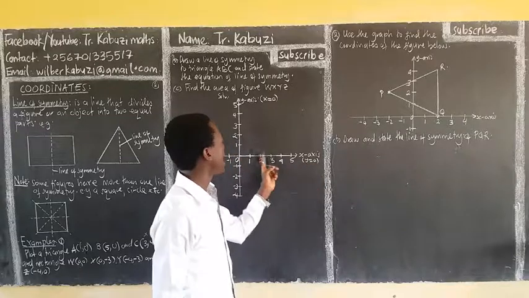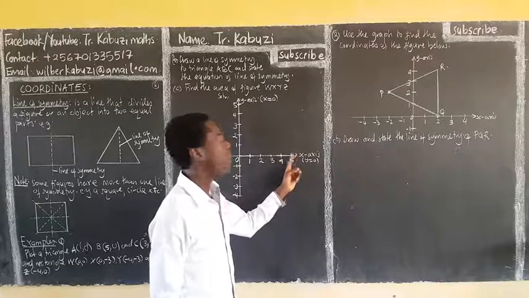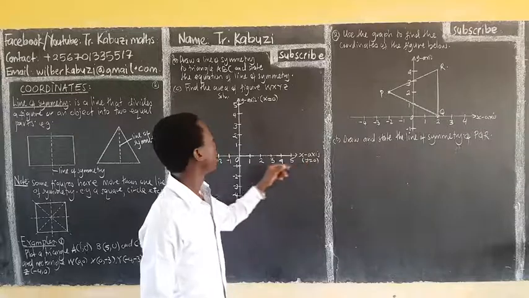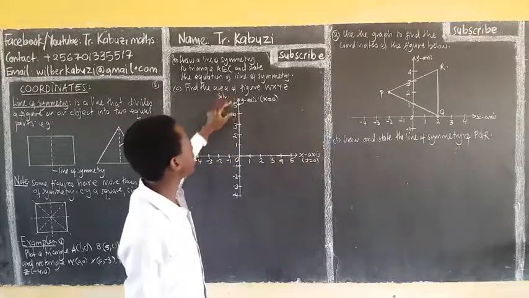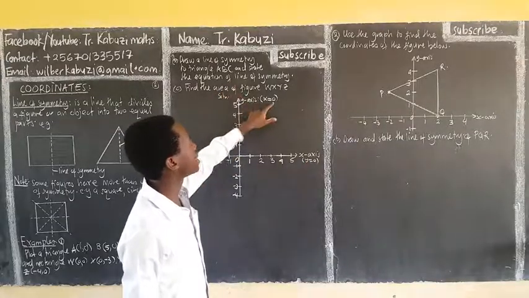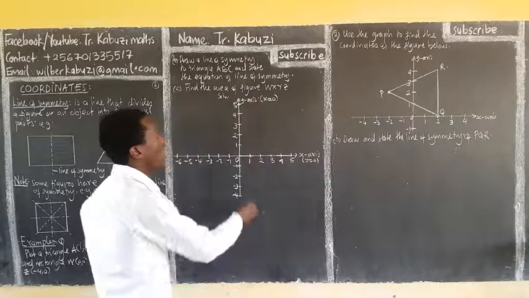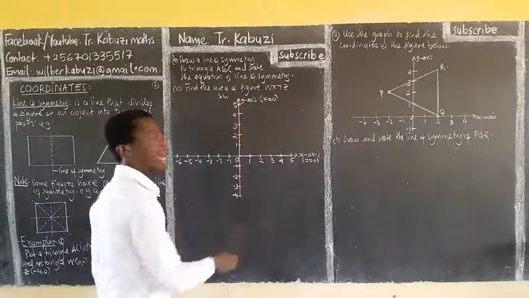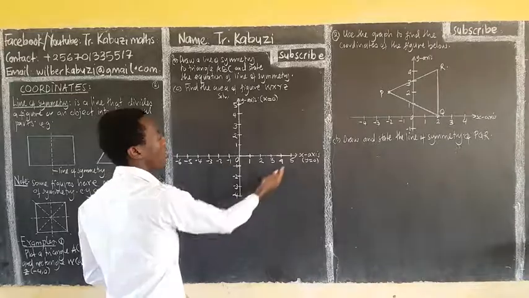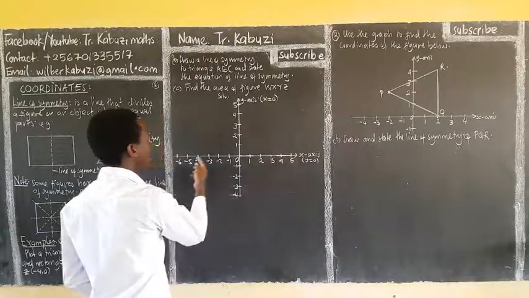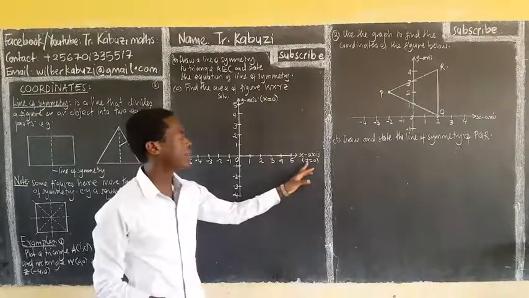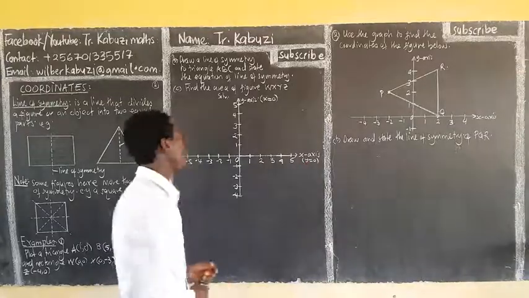Why? On this line, all y coordinates are zeros. Then the y-axis we call x equals 0, because all x coordinates on this line are zeros, from here up to here.